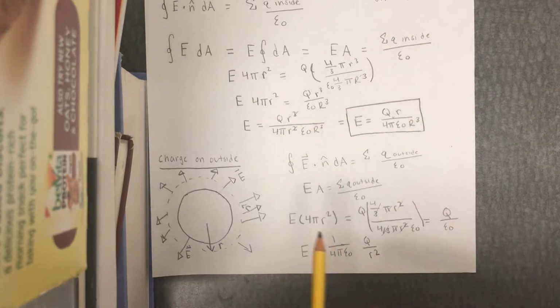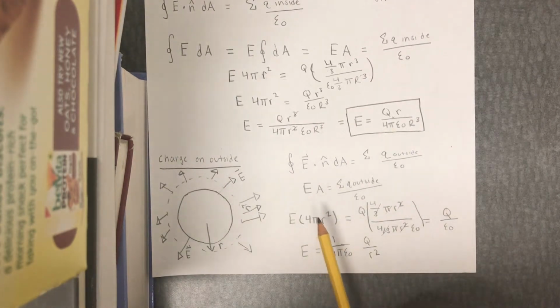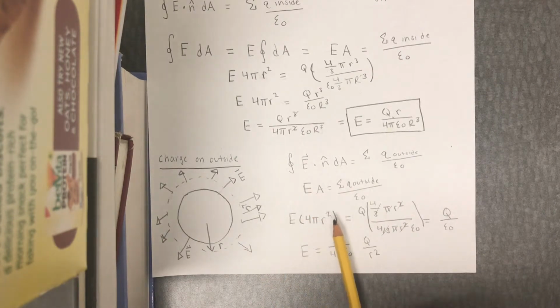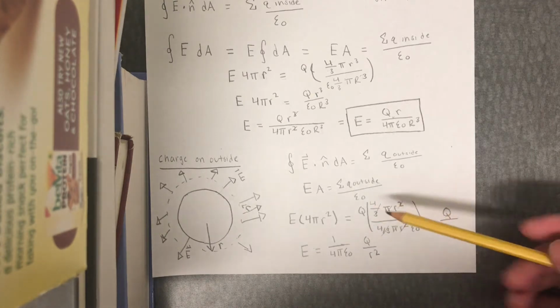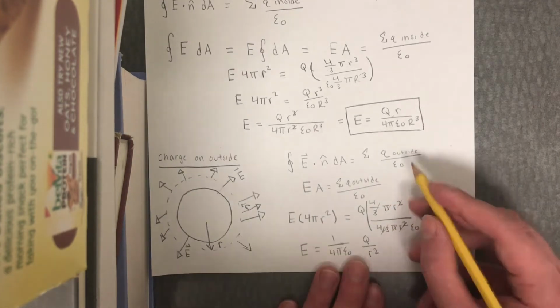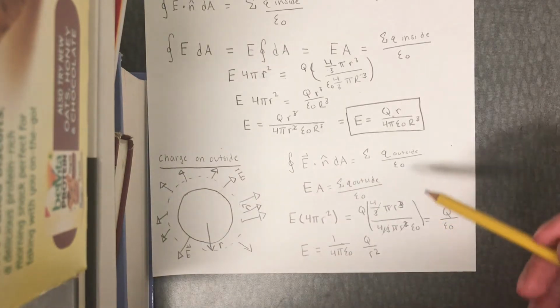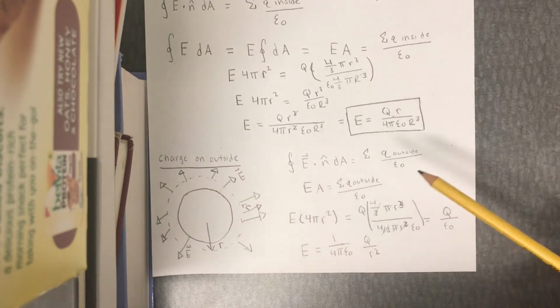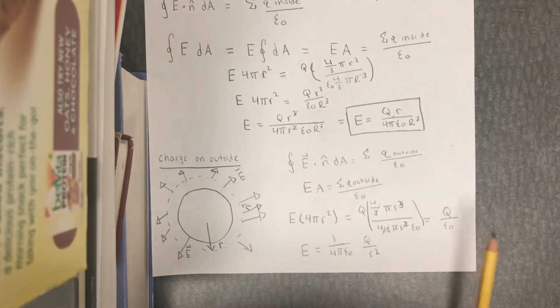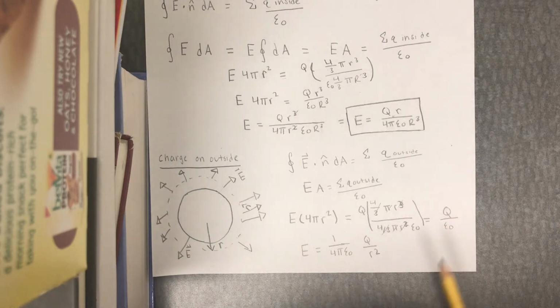So E times the surface area of the sphere, which is 4 pi r squared, is equal to Q times 4/3 pi R cubed divided by 4/3 pi R cubed times epsilon naught, and we're left with Q over epsilon naught.